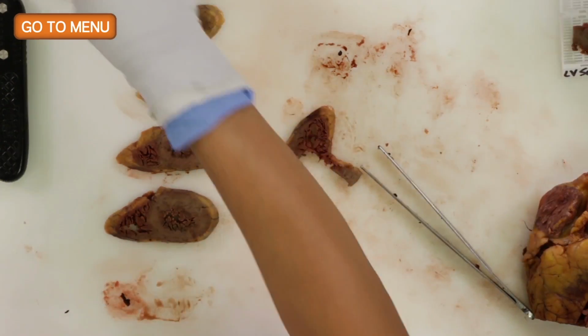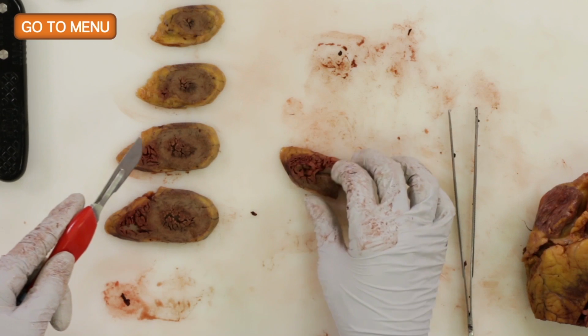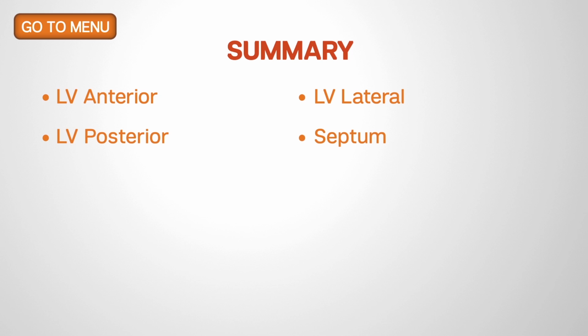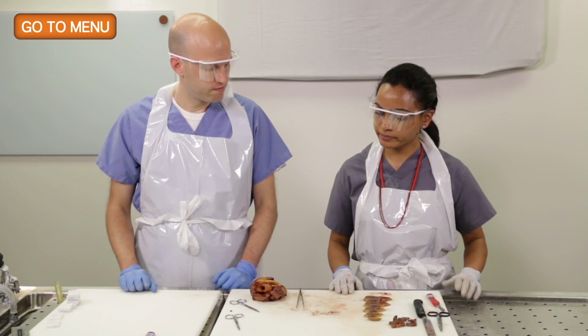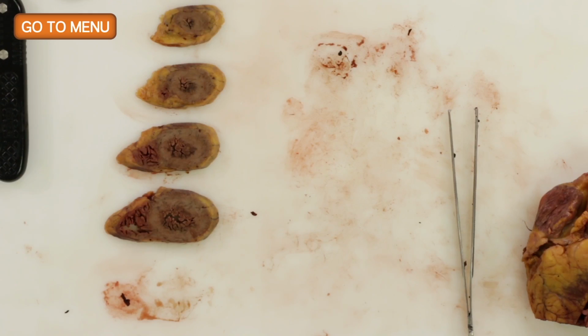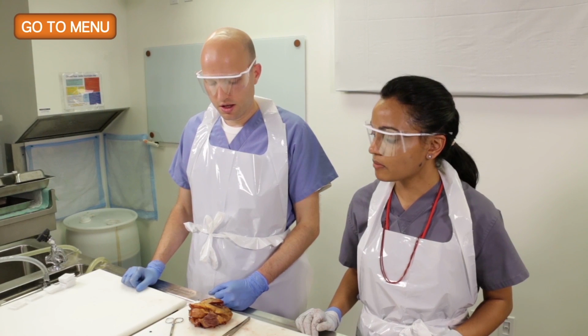All right, and then just get one representative section of the right ventricular wall. All right, so those are our sections. And that's basically it. The slides will come out in a few days, and we'll be able to look at it to see if there's anything microscopically.